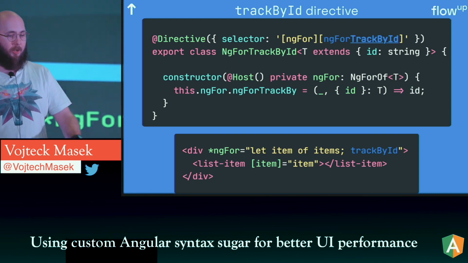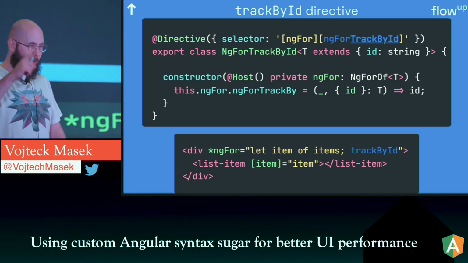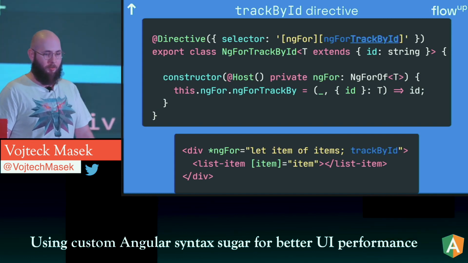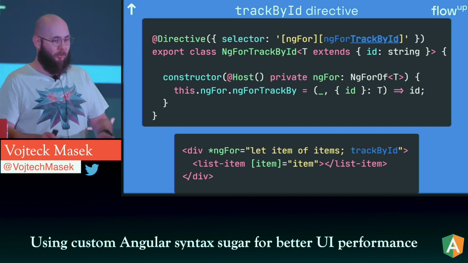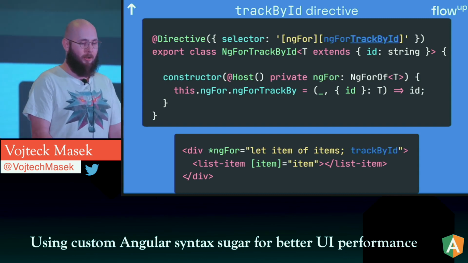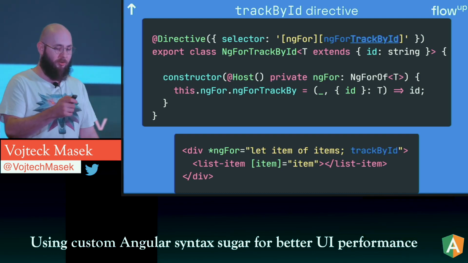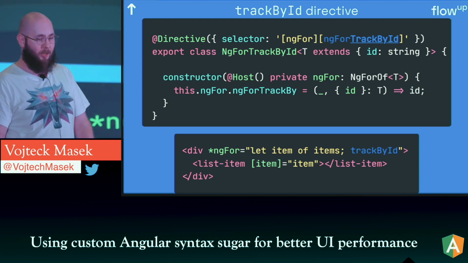You would create a very simple directive that actually imports ngFor with the host decorator. I'm not going to explain what it does, but it will cleverly, again, enable you to extend the ngFor, which is also present on that template.